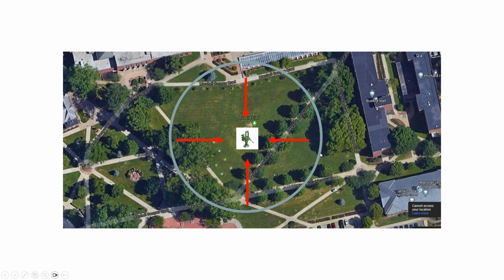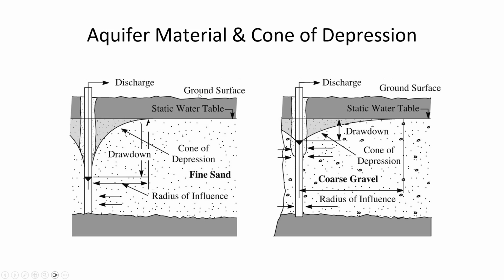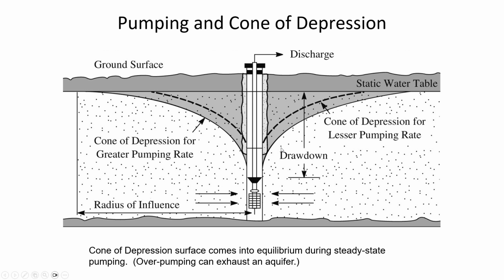So in a top view, you can see that the radial flow just means that it's going towards the well, and there's a circular pattern where all of the locations on this circle would be contributing equally if this is a homogeneous soil type. So the cone of depression is just the reduced water surface that occurs when you're withdrawing water from a well.